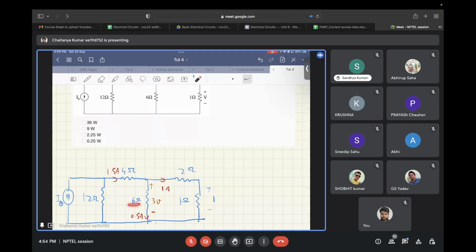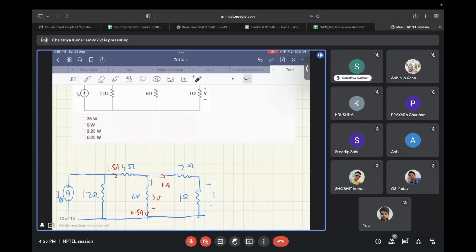Since the 6 ohm is in parallel with this 3 ohm equivalent resistance, the voltage developed across this will also be 3 volts. Hence, the current flowing will be 0.5 ampere. So applying KCL at this node, the current flowing through the 4 ohm resistor is 1.5 amperes.